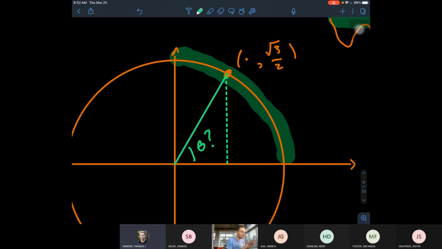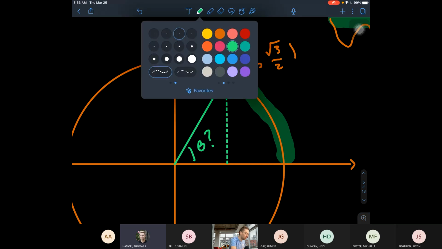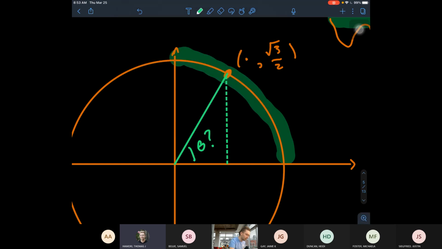Even if you don't wind up using the triangle in the problem, having it in there is only going to provide you with more information. And what is this telling us? Square root 3 over 2 is the length of this side. Why that side?